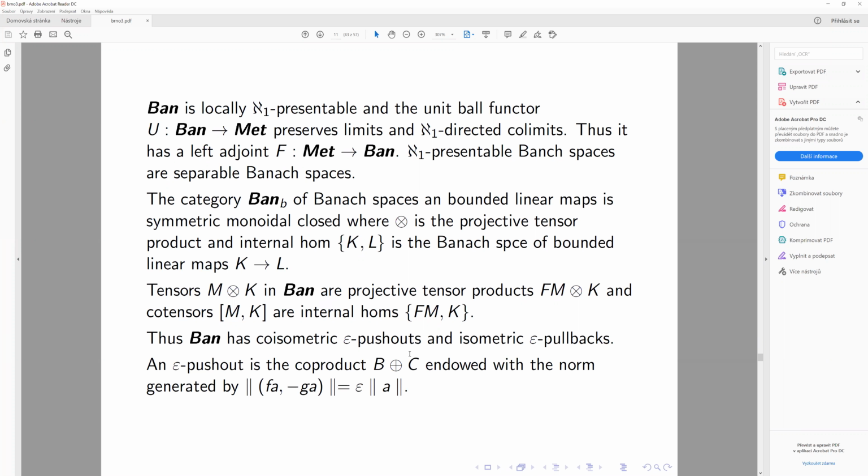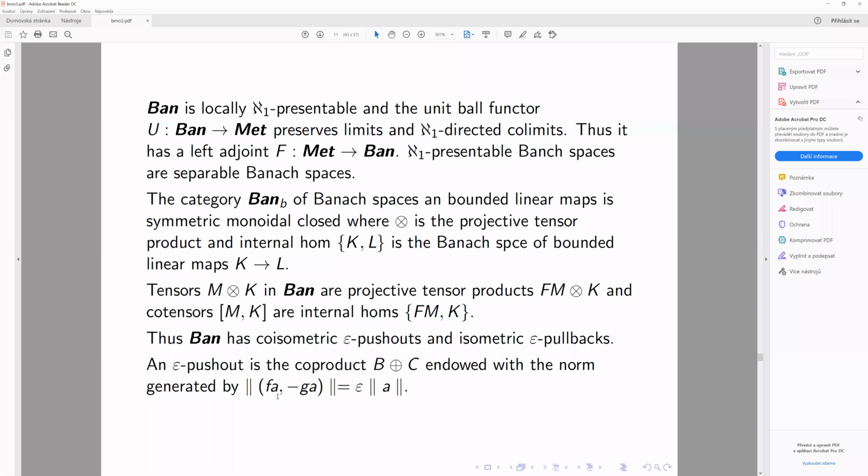You take a product in Banach spaces, which is in fact a product. It's the Cartesian product, but you have a different norm here. So you take a coproduct here, but now you change the norm of the coproduct, and you take the norm generated by this condition.